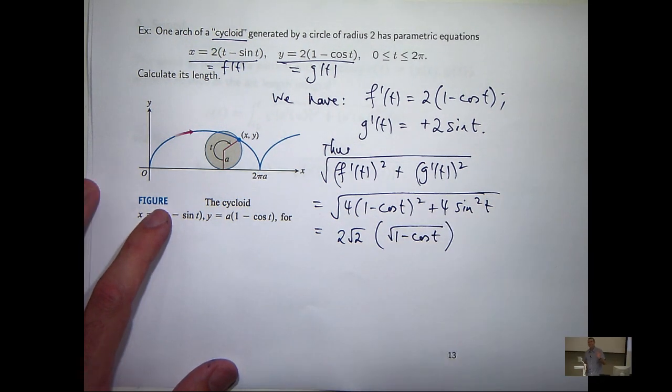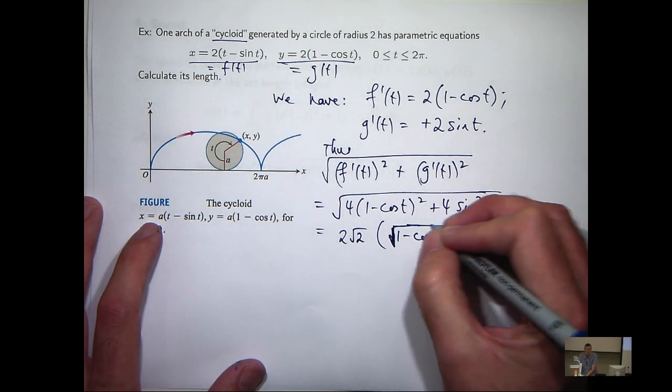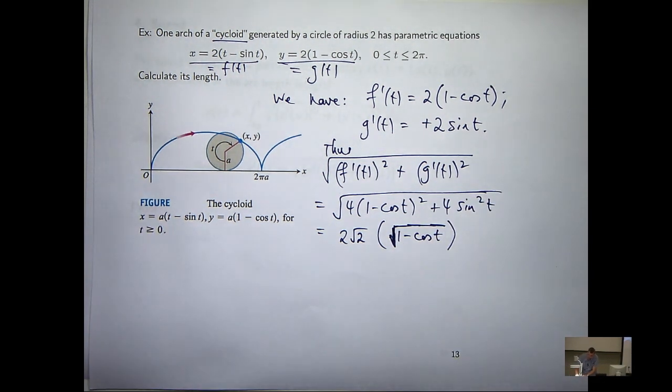I haven't put all the steps in here, but it's just a matter of simple algebra. All right, now, the problem is, how am I going to integrate square root of 1 minus cos t? Everything's been okay up until now.